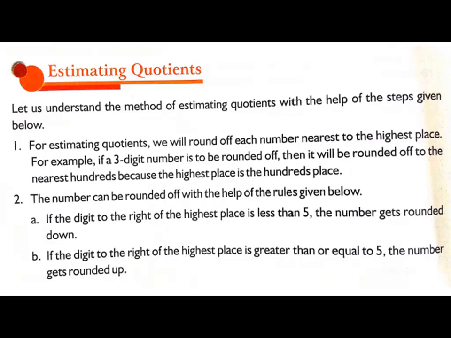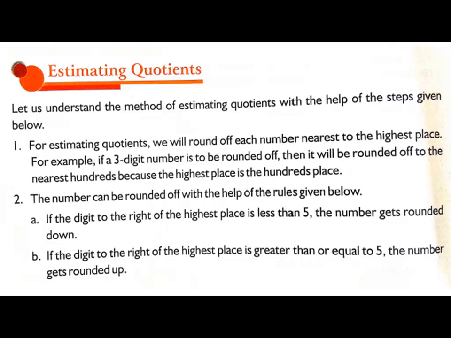The second rule is that the number can be rounded off with the help of the rules. So there are two rules for estimation. The first one: if the digit to the right of the highest place is less than 5, the number gets rounded down.